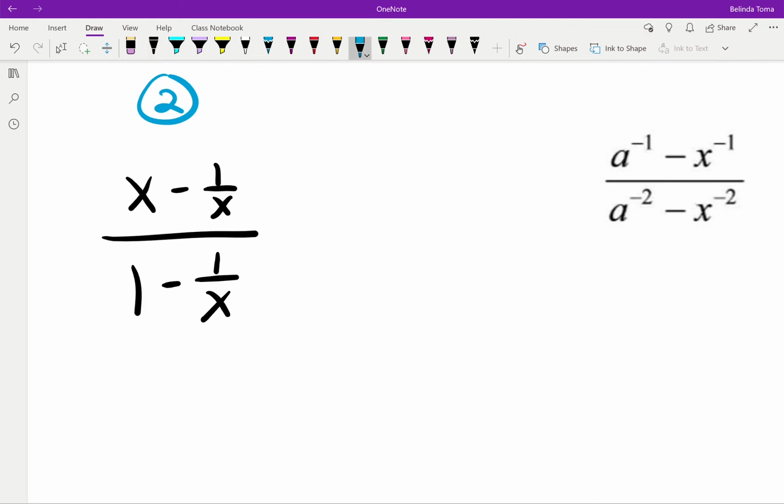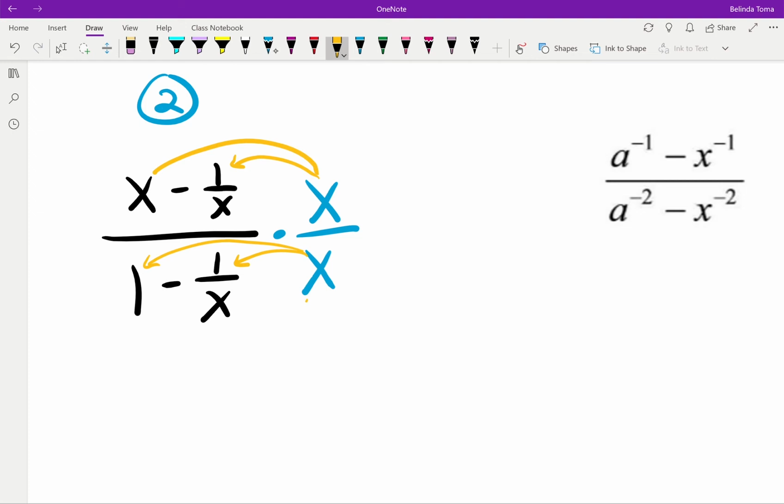So I'm not going to show the same number of steps that I did in the original example, but I'm going to remind you that I'm distributing, and this is x over 1. I'm distributing that to each of the terms in the complex fraction.